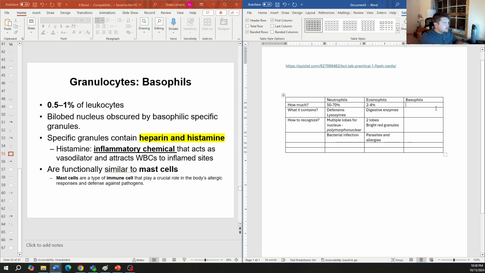Fine, we got basophils. Basophils is 0.5 to 1%. Heparin and histamine. These are inflammatory chemicals, specifically a lot with immune type reactions. I think allergic, so allergies are a big one, and then pathogen defense.